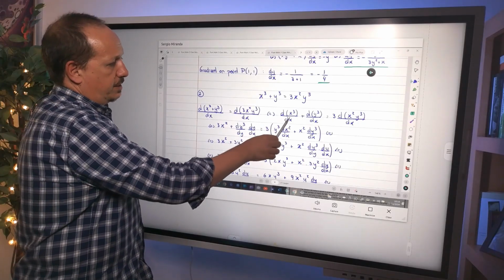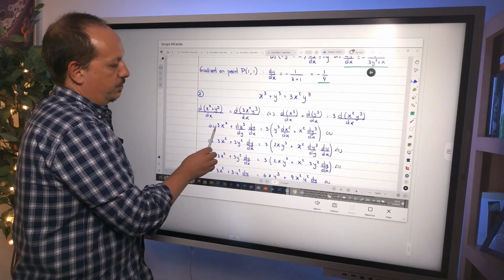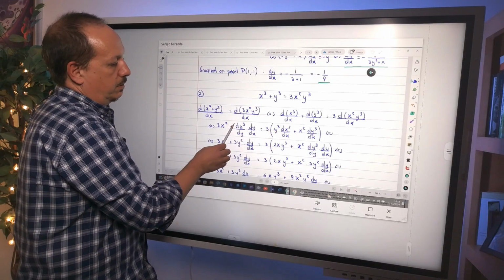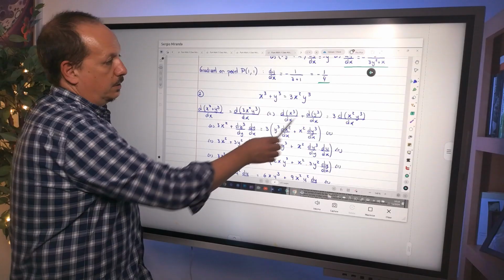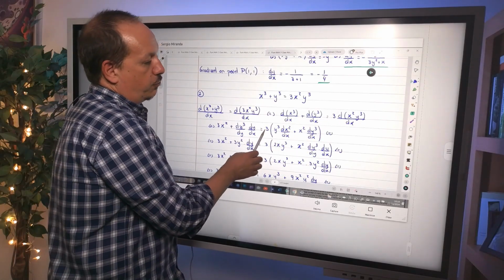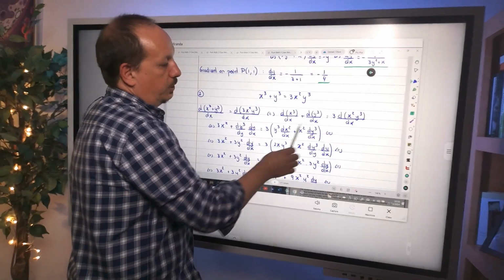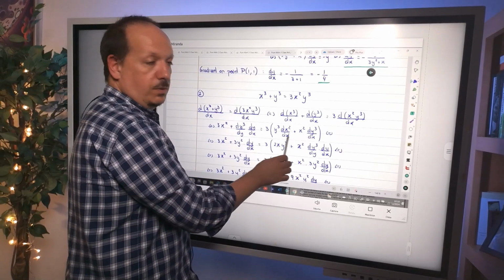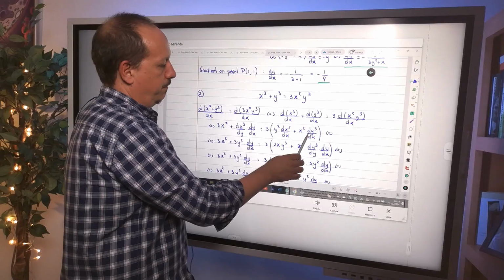If I differentiate this, it's already in terms of x, so this is just 3x squared. Here I have to apply the chain rule. Here I'll just leave the 3 outside, and I will have to apply the product rule to these two. Okay, just like I did before.